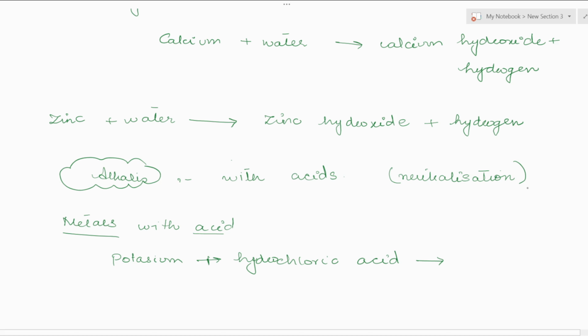Hydrogen gas would be produced, as it is in the case of water. The other parts will form a compound, resulting in the formation of potassium chloride.